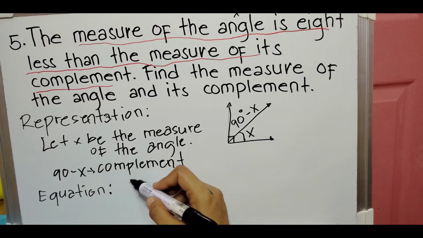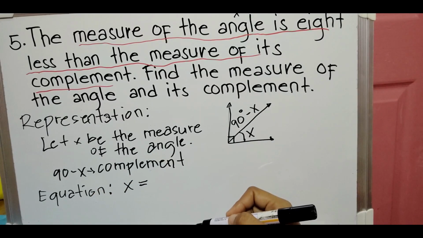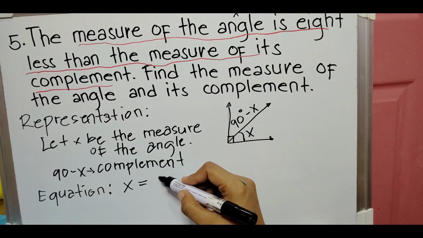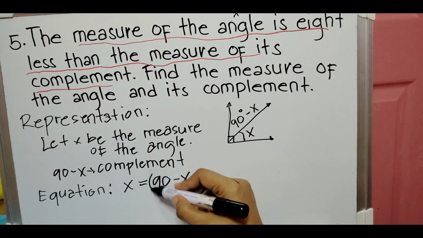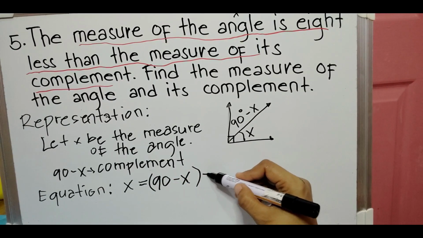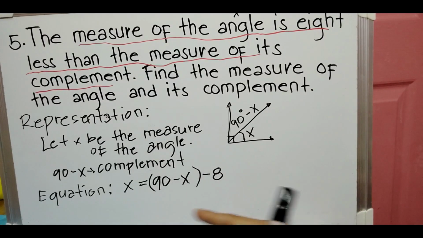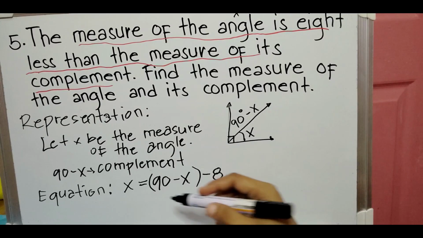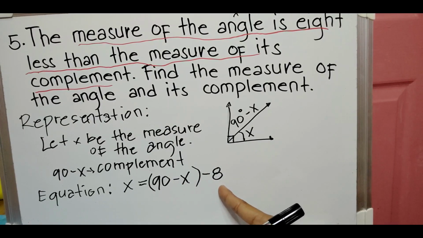We can write it this way: x equals 90 minus x. To make them equal, we will subtract 8 here, since this angle is less than its complement by 8.